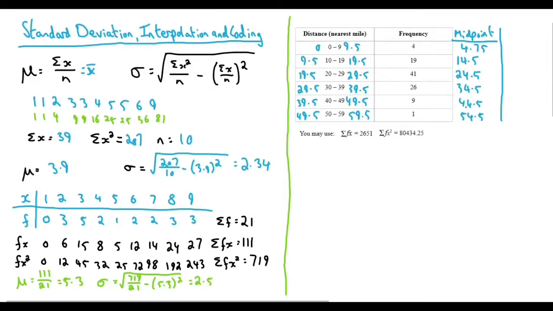Now that you have these midpoints, you can now start timesing by the frequency to have your fx. So 4 times 4.75, 9 times 14.5, and so forth. This is going to get you 19, 275.9, 1004.5, 897, 400.5, and 54.5.